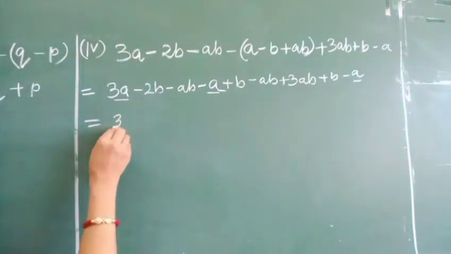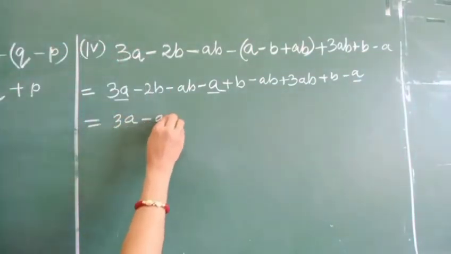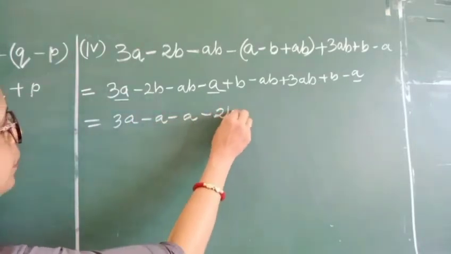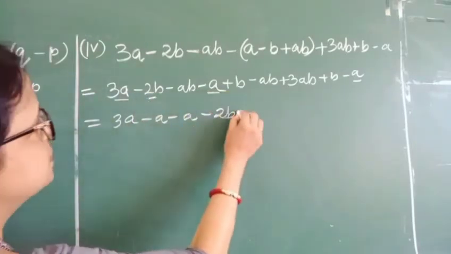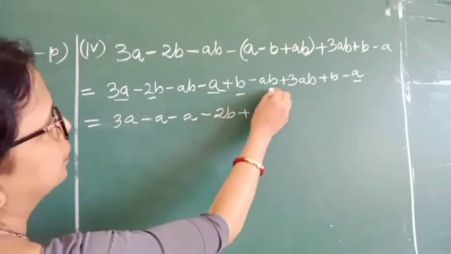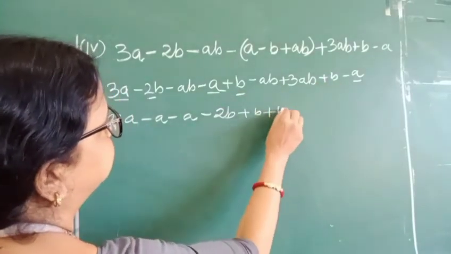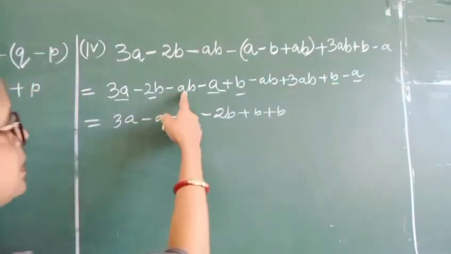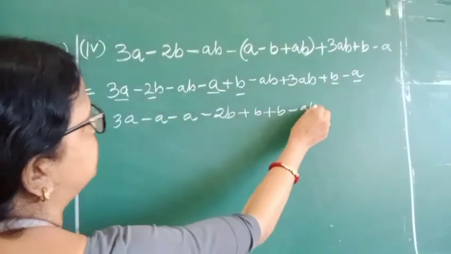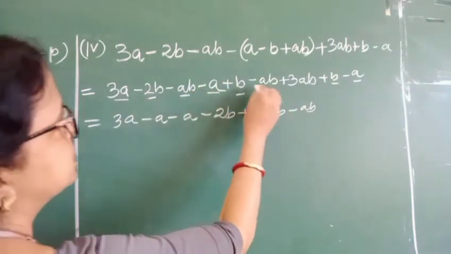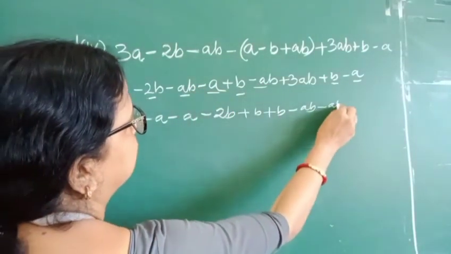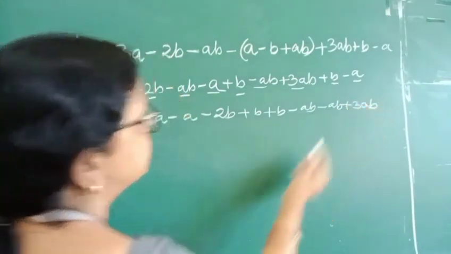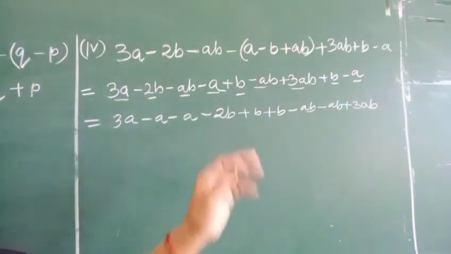Now minus 2b, minus 2b plus b plus b. Now minus ab, minus ab, minus ab plus 3ab. They are like terms. According to the like terms, I have arranged them serially.